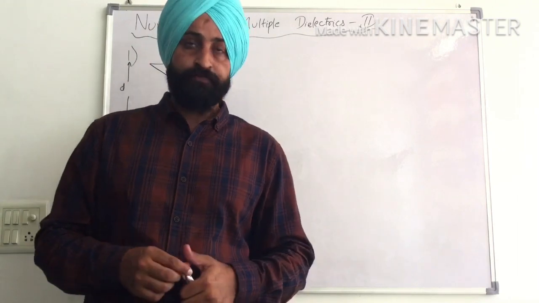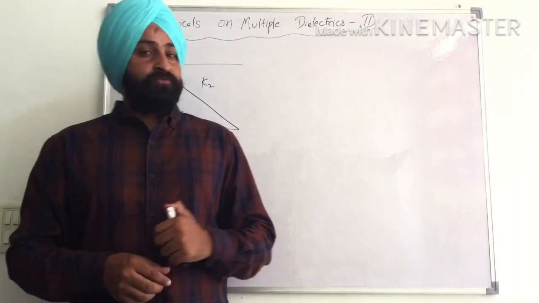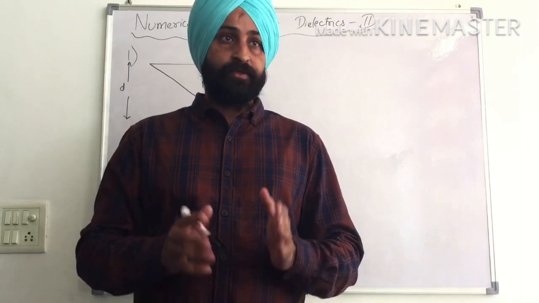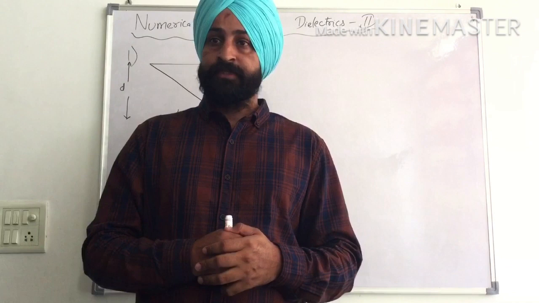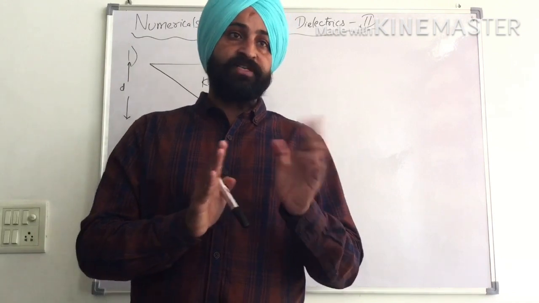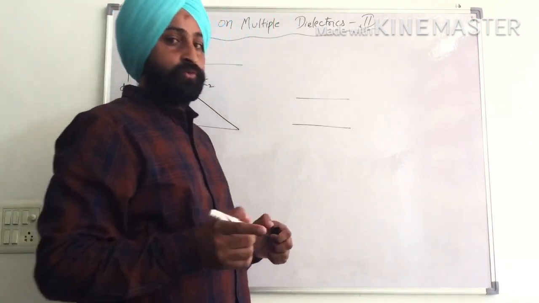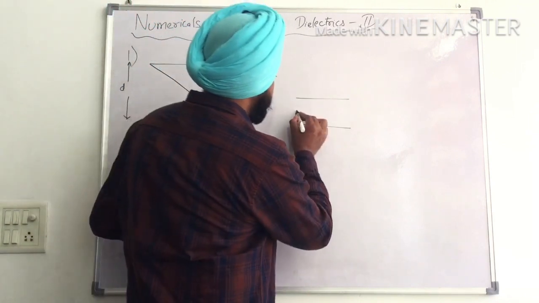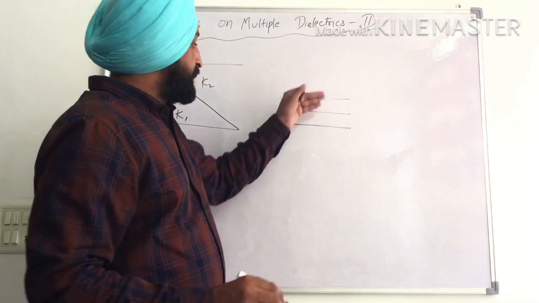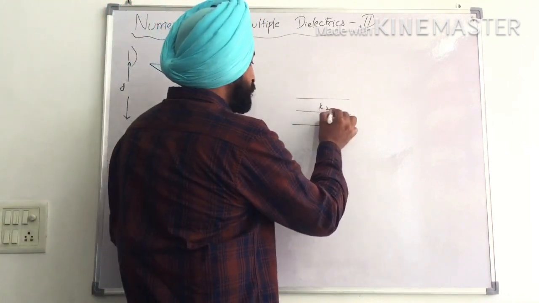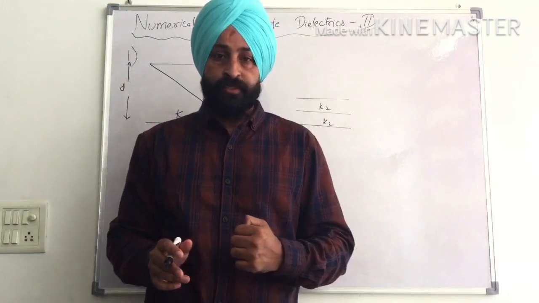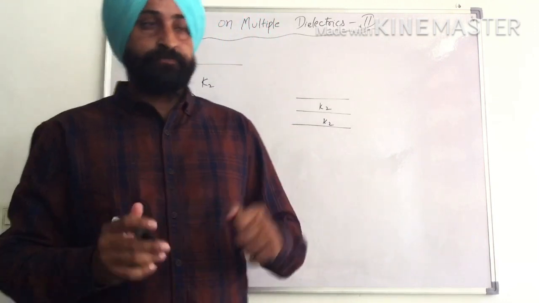That is our question. See, in solving this question, one point you must keep in your mind, that earlier when we were solving the questions, we knew that when two dielectrics are placed in this manner, these form a system of two capacitors in series with each other.